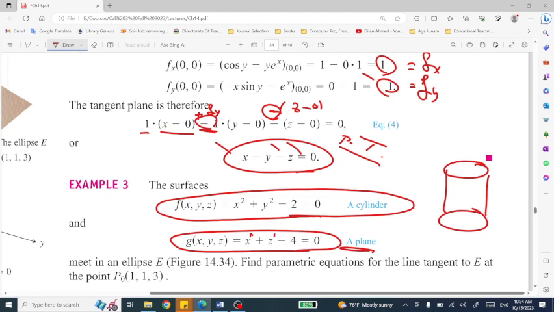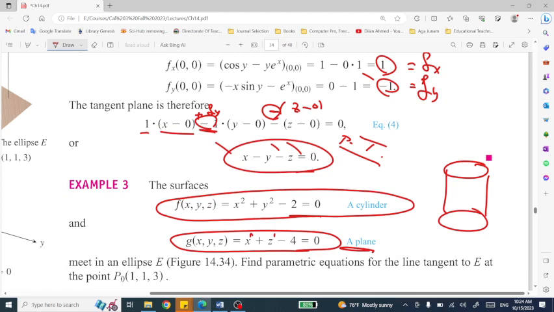It's like cutting: the knife is the plane and the bottle is the cylinder, right?